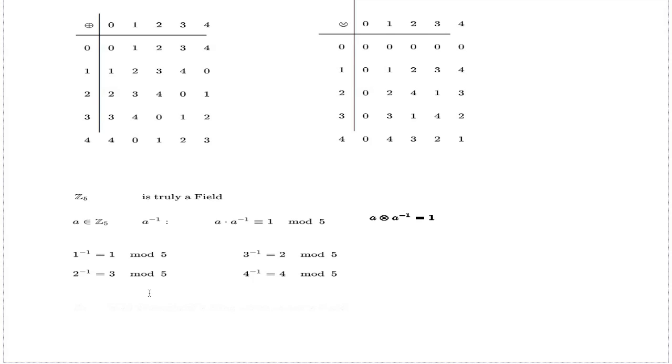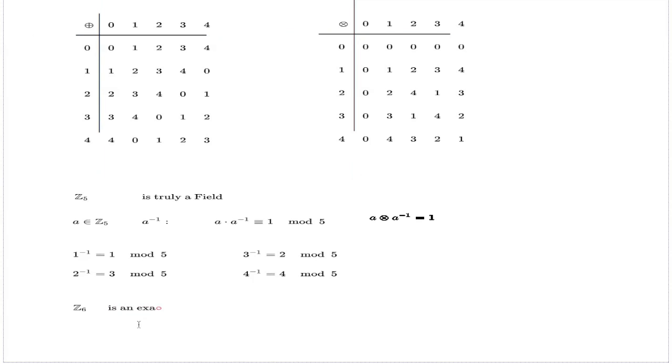Now, you can also think about a similar construction, but with the number 6. So when you take not the first 5 non-negative integers, but the first 6 non-negative integers from 0 up to 5, you can again construct the set by taking the operations multiplication and addition modulo 6 now, and you can try to check whether this new set of numbers will produce a field again.